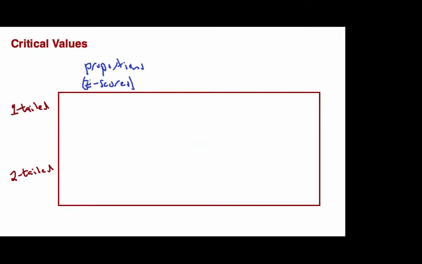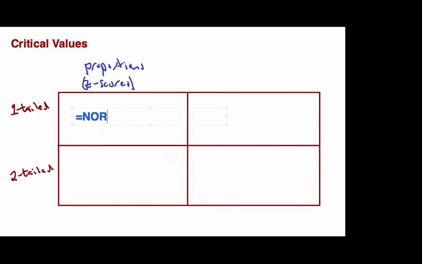So for a one-tailed test, oh, sorry, I just realized something. I didn't put the lines in here. I'm going to go ahead and draw these lines in. All right, so if we want to get the one-tailed value, the formula for that would be equals NORM.S.INV, and then we would give the value alpha. I'm going to write this in because there's a reason why I'd like to write this.